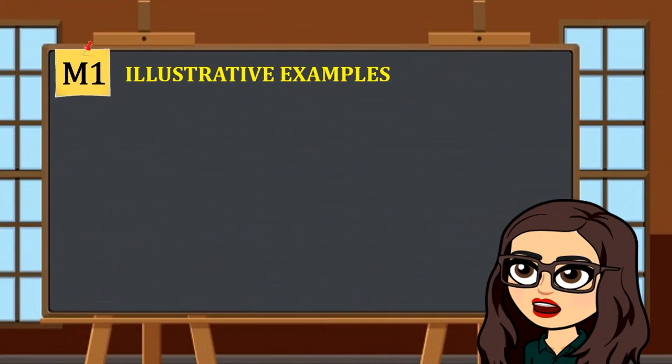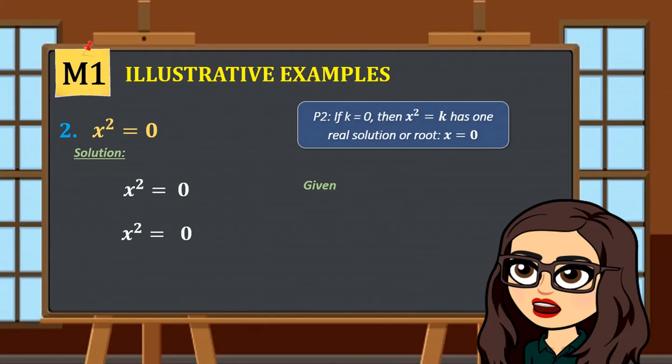Now, let's have example number 2. x squared equals 0. So for the solution, first we have the given. And since the value of k is 0, we will follow the second property. If k is equal to 0, then x squared equals k has one real solution or root, and that is x equals 0.